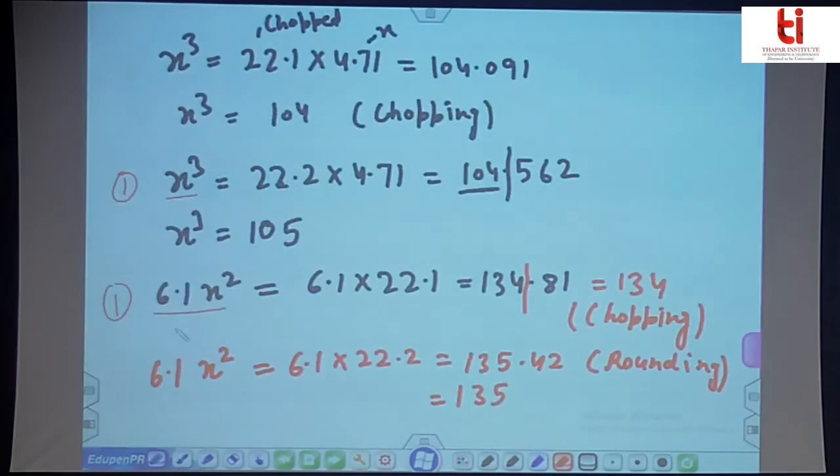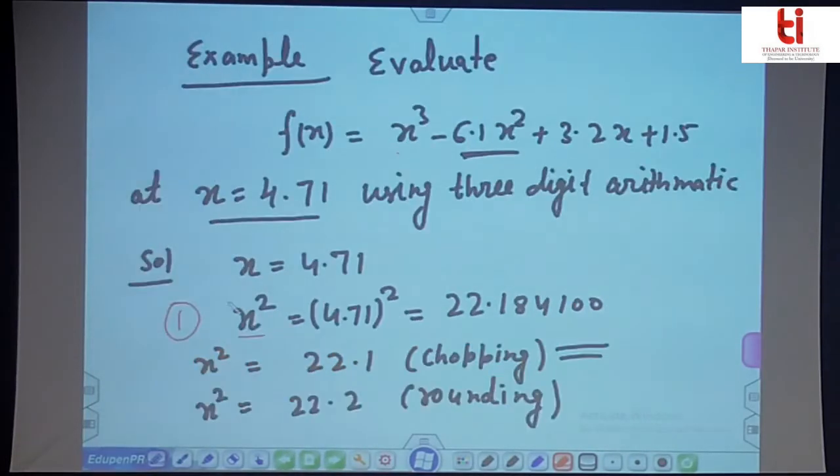In the previous slide it is also multiplication, 6.1, that is one multiplication. There is one multiplication, because x square we have already computed. There is again one multiplication. Okay. So how many multiplications have we used?